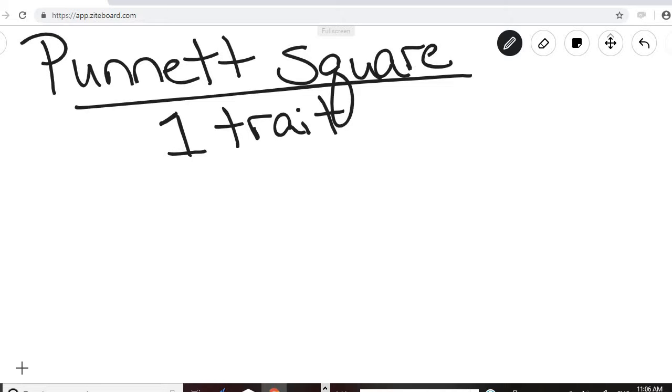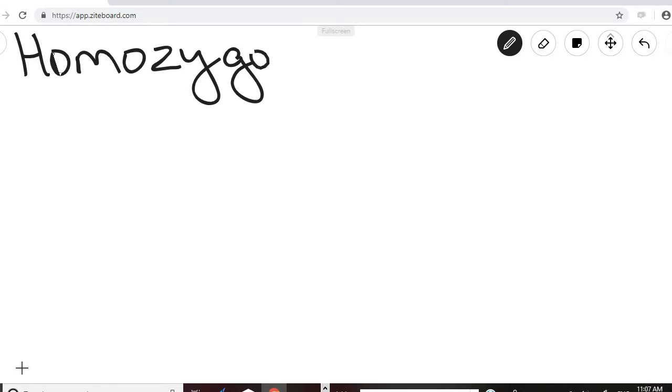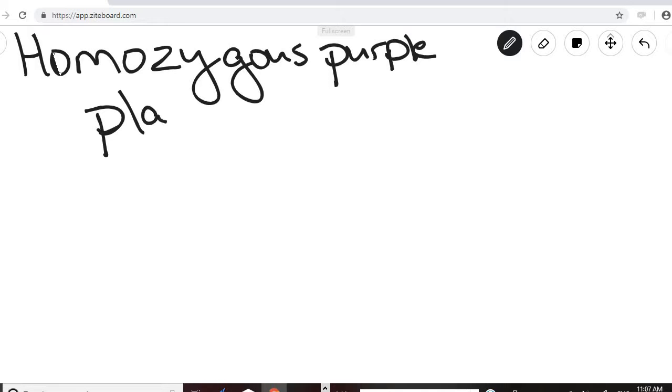So let's say that we are going to cross a homozygous purple plant, and we use the letter X to show that we're going to cross those or mate them. We're going to mate that with a homozygous white plant.